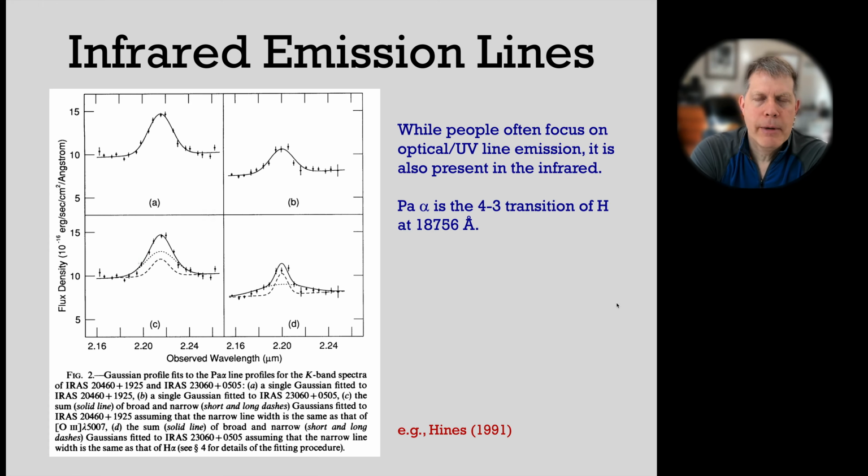Furthermore, I also just want to mention in passing that these lines, while they're often referred to as being an optical and ultraviolet phenomenon, are certainly not only present there. I will here just show you one example of the same types of emission lines, again likely from this broad line region, in this case being observed in the infrared. Here you are seeing Gaussian profile fits to the Paschen alpha line, which is the 4-3 transition of hydrogen, at 18,756 angstroms.